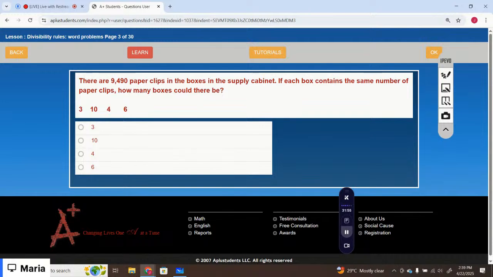There are 9,490 paper clips in the boxes in the supply cabinet. If each box contained the same number of paper clips, how many boxes could there be?